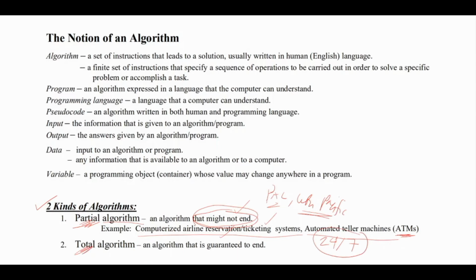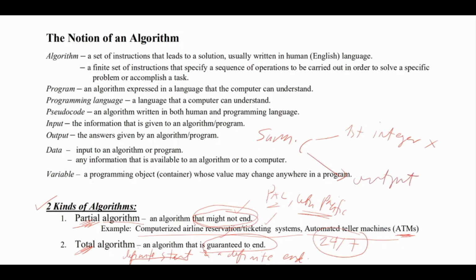The second kind of algorithm is total algorithm. This is what we usually do, okay? So this is an algorithm that is guaranteed to end. So it has a definite start and a definite end. Like our program, recall sum.c, it has a definite start. The start is when we ask for the first input integer x, and then the end is when we display or output the value of z, which is the sum.